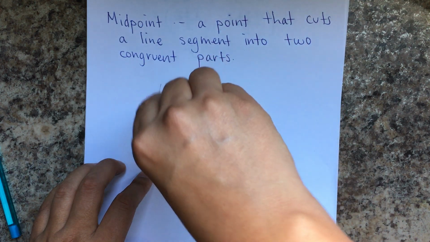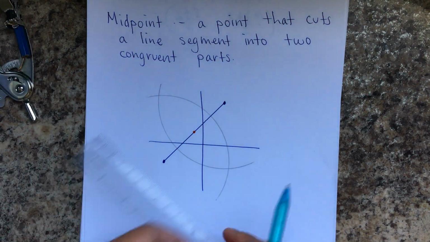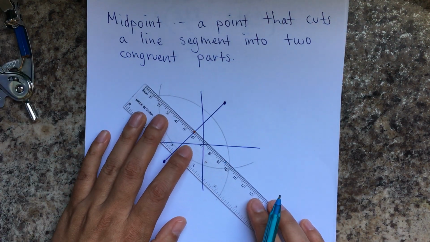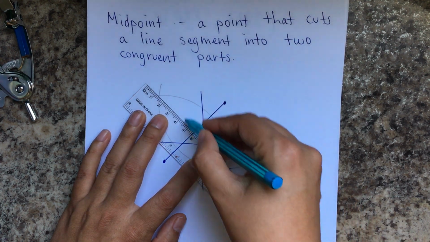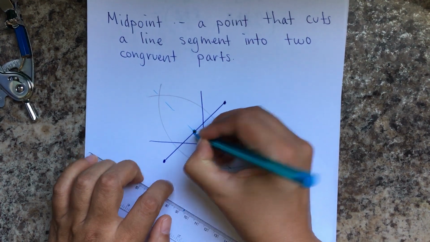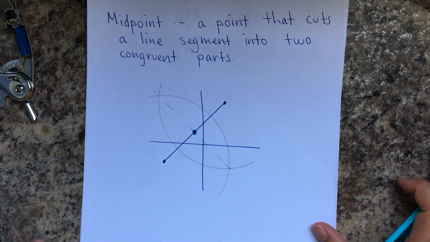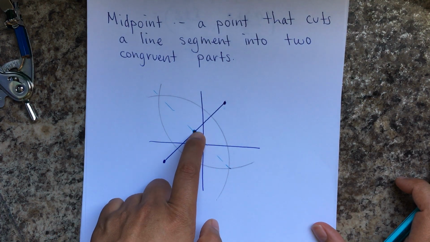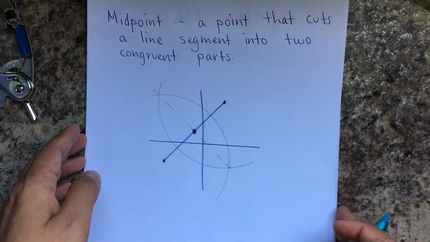Bisect, remember that it means to cut into 2. So that's the perpendicular bisector right here. And so you can see that this point is exactly halfway from here and here. Okay, so the midpoint cuts a line segment into 2 equal parts.